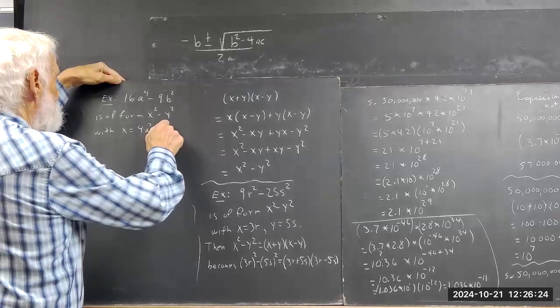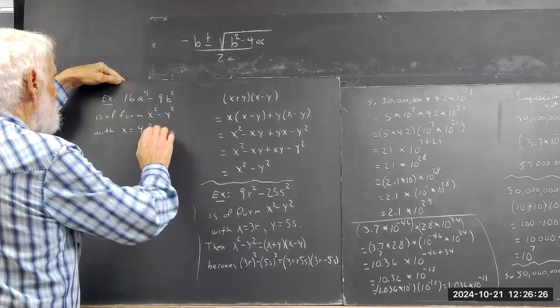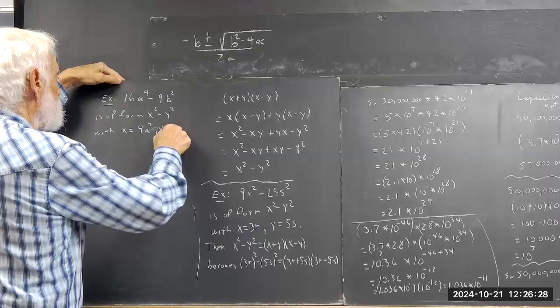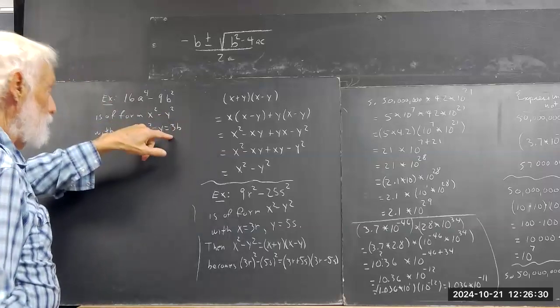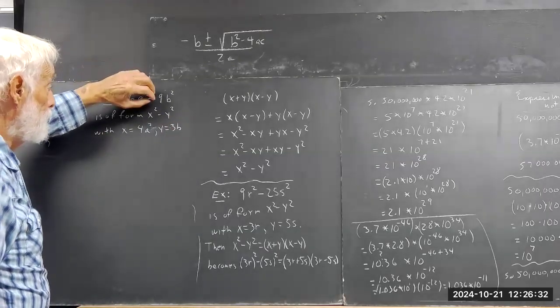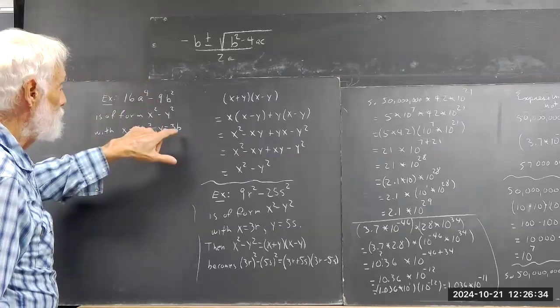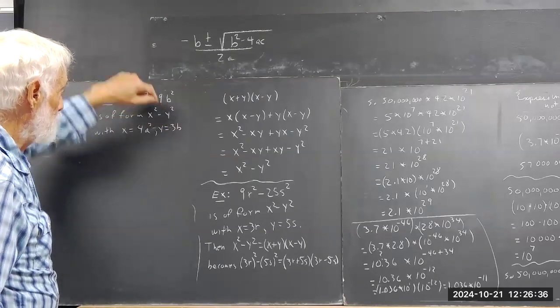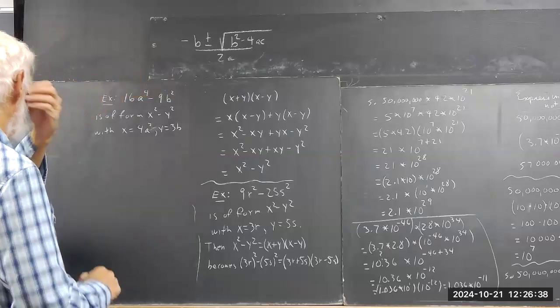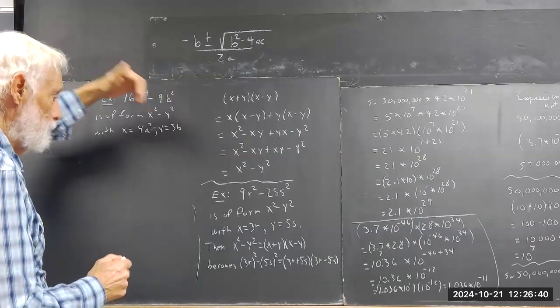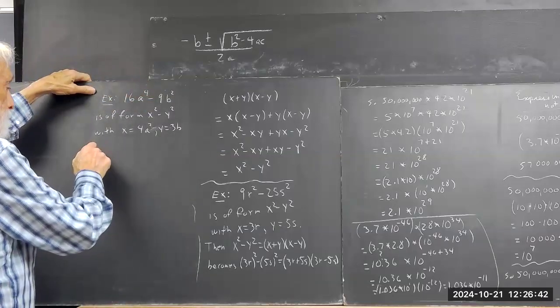And then y equals 3b. Not negative 3b. You've already got a negative. You don't need a negative. If you square 3b, you get 9b squared, and you'll have minus 9b squared.